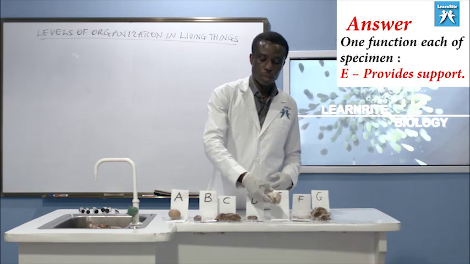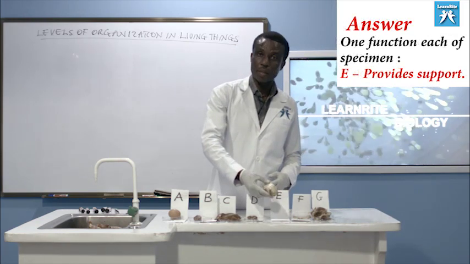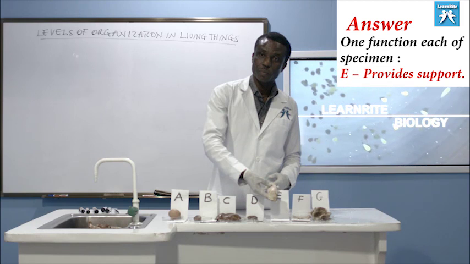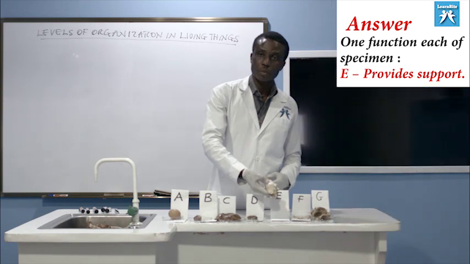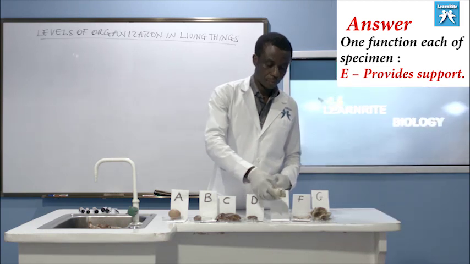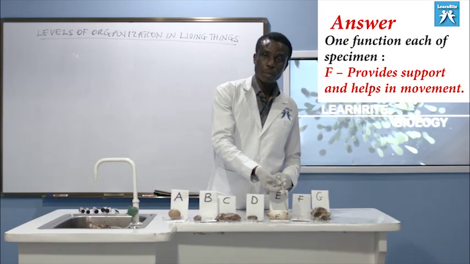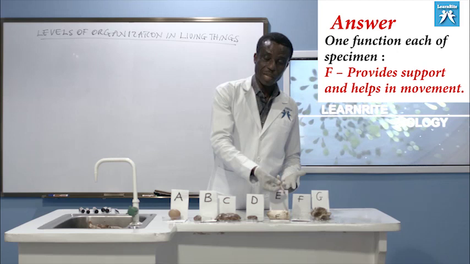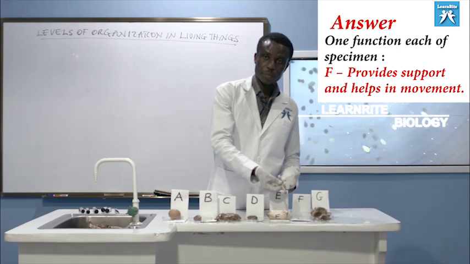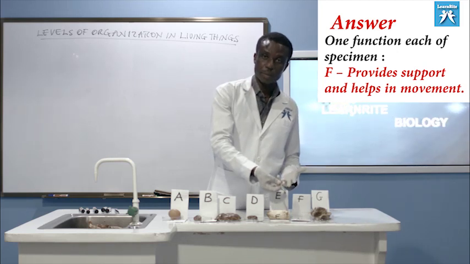Then wood. In fact, wood is a supportive tissue. It provides support to the plant. Then bone provides support. It also helps in movement.